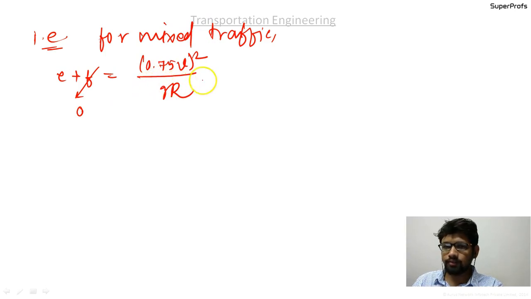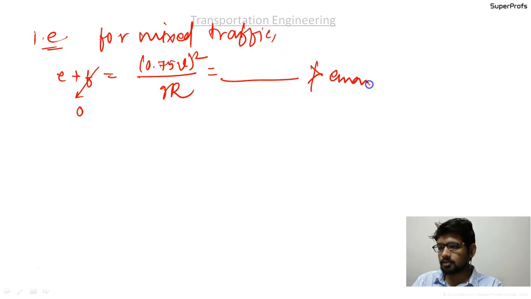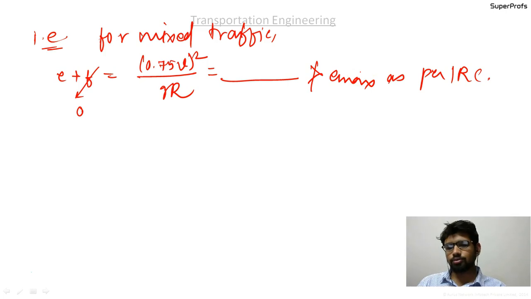So whatever E value comes from this formula, you should use, and you should ensure that it is not greater than E max as per IRC. Otherwise, if it is greater than E max, then you will have to adjust it to E max and then check the frictional resistance available. If it is within the limit, then provide the E max value. If not, then you will have to fix the E value to E max as well as friction to 0.15, the lateral friction value, and then you will have to go for limiting the velocity.